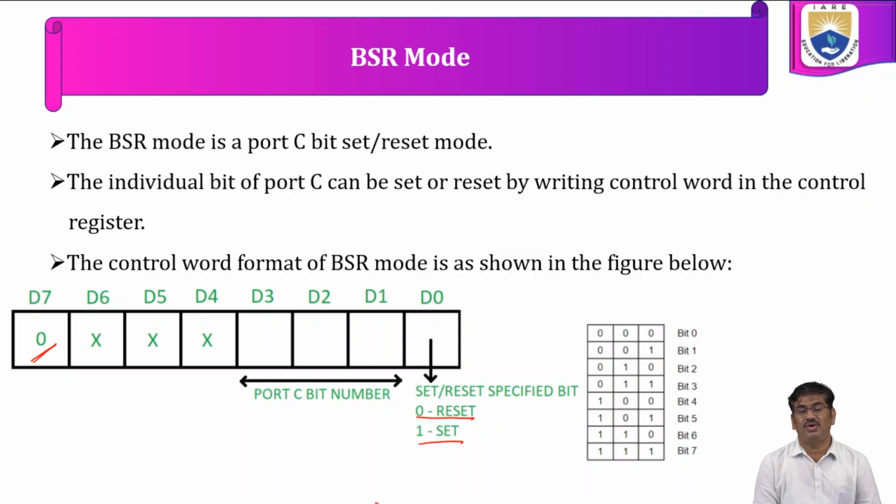Which pin of port C we want to reset or set is decided by D3, D2 and D1. If D3, D2, D1 are 0, 0, 0, bit 0 will be selected, until 1, 1, 1, where bit 7 is selected. So this is only for altering the port C pins, either configuring to set or reset.